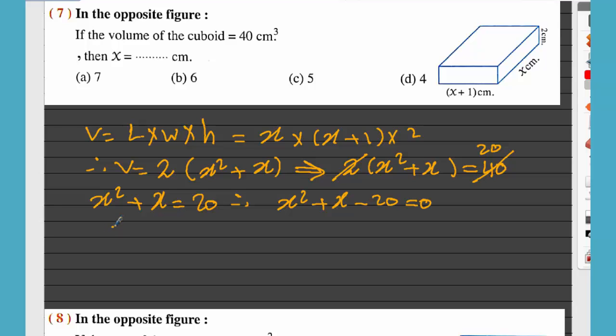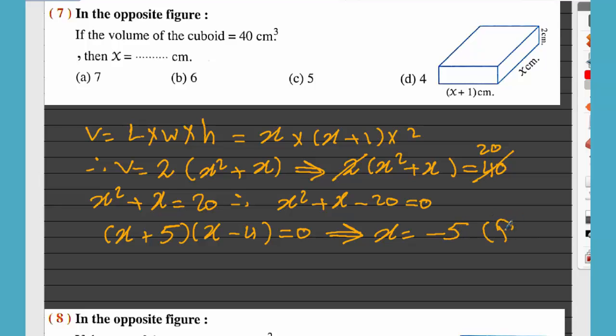What do we get? x plus 5 multiply x minus 4 equals 0, as 5 multiply negative 4 equals negative 20, and the difference equals 1, the coefficient of x. So when x plus 5 equals 0, x equals negative 5, and this is refused.